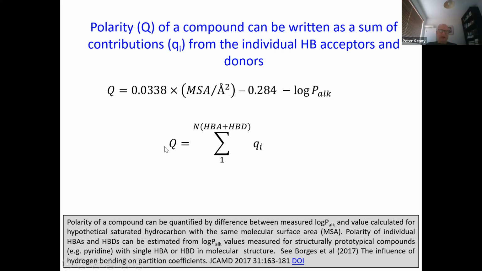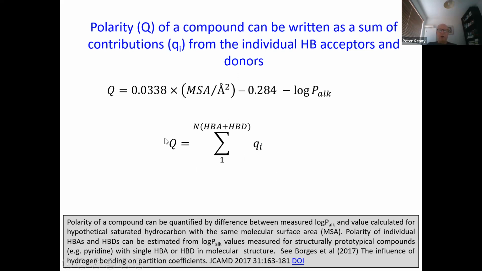And then what I do is I try to use this for prediction of that, but you can also use the measurement to derive that. So I will try to write this. This can be written as a sum basically over the non-hydrogen atoms, so over the hydrogen bond donors and acceptors.